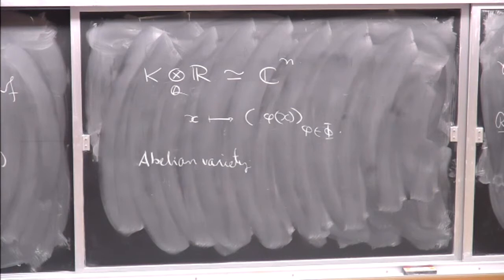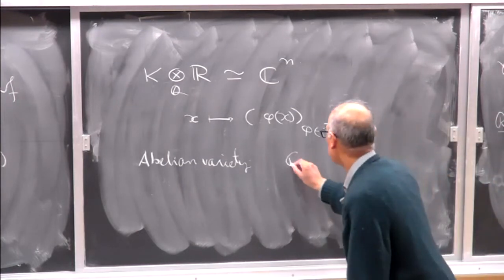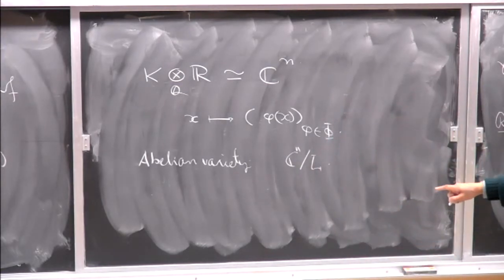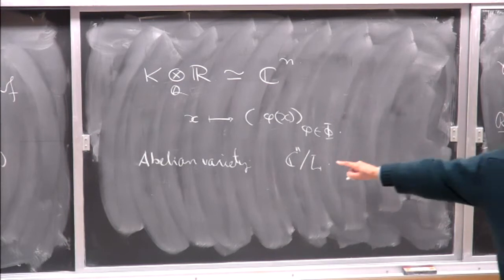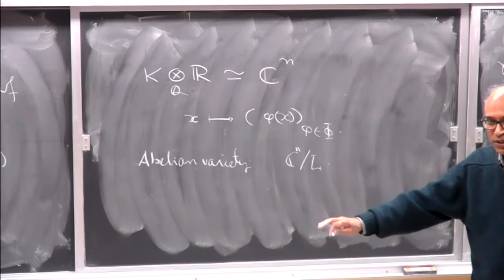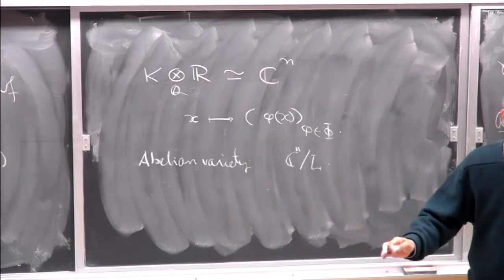So it looks like C to the n modulo a lattice. Now, not every such torus is algebraizable. That is, not every such torus can be given the structure of an algebraic variety. If n equals 1, it can. C modulo a lattice is always an elliptic curve. That's Riemann or Weierstrass or something in my history.